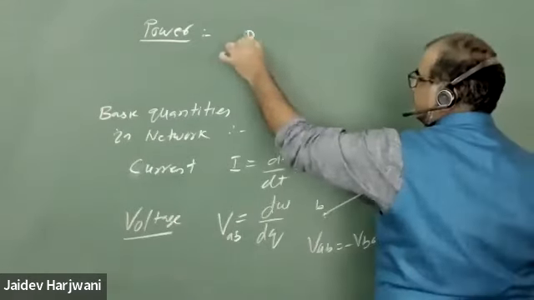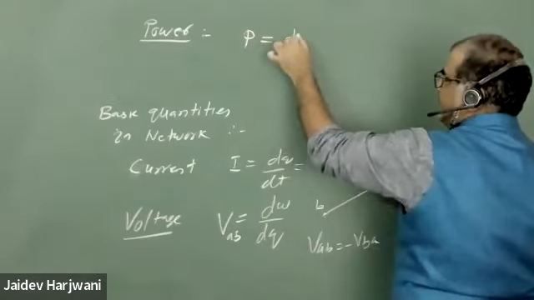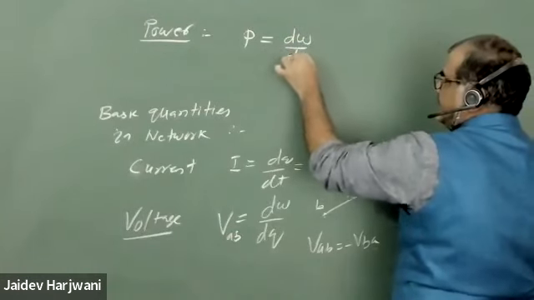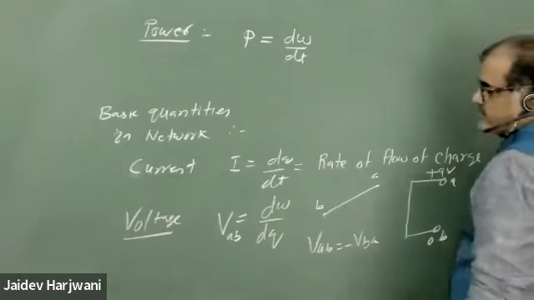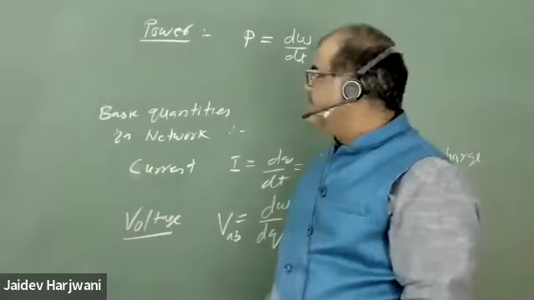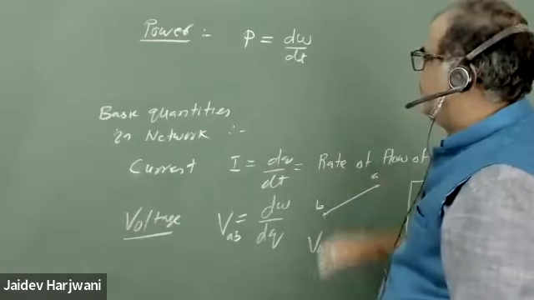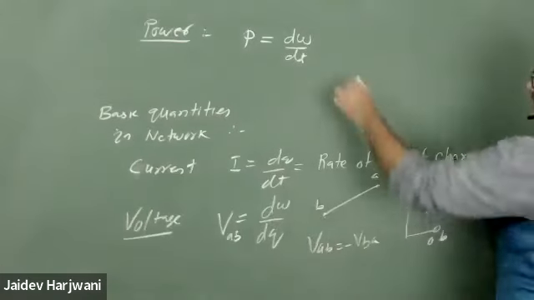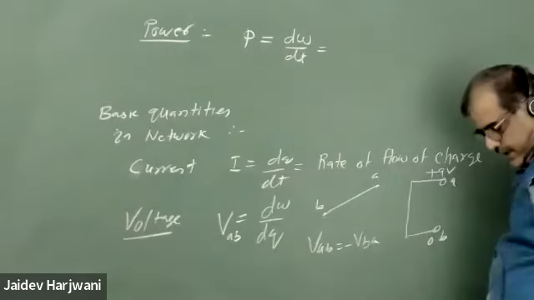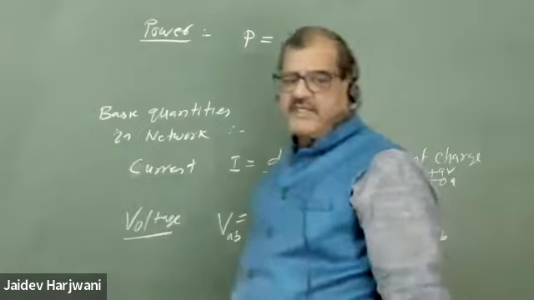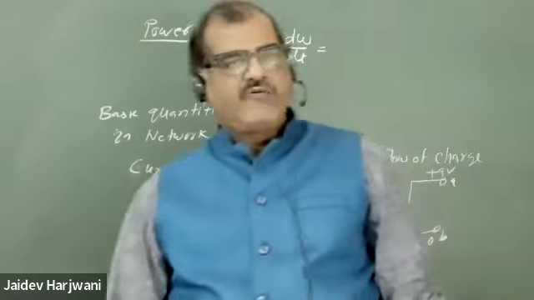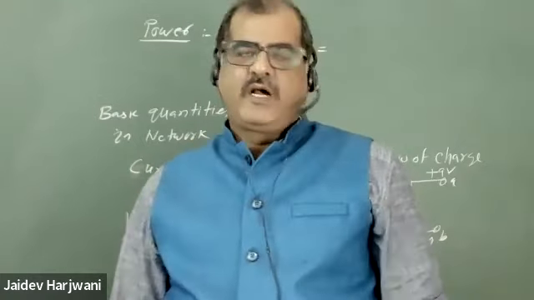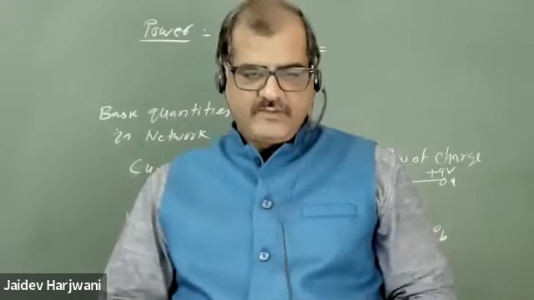Power has the symbol P. Power is dW by dt, where W is work done. So energy is the ability to do work, and power is how fast that work can be done, how fast energy can be delivered in a system.